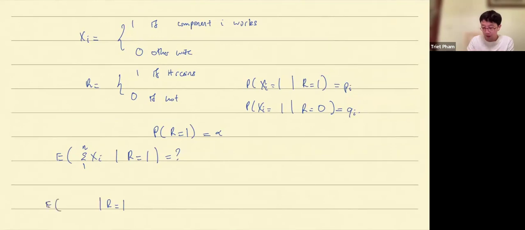It then implies, in general, that if you have a linear combination of conditional expectations, it also comes out like this.